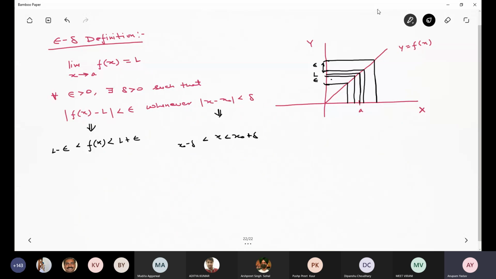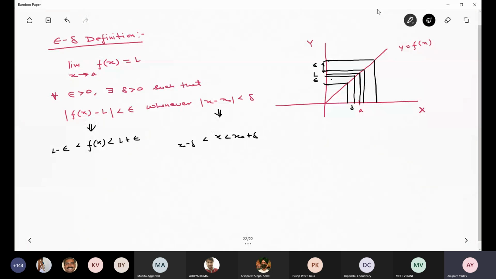Okay. So if I'm choosing any epsilon which is covering L, every time I'm getting an interval which is covering A. So it means just keep on choosing more precise values for epsilon. What will happen? As you approach A, your f(x) will approach L. Because if I have chosen this finer interval, this is the value of delta.